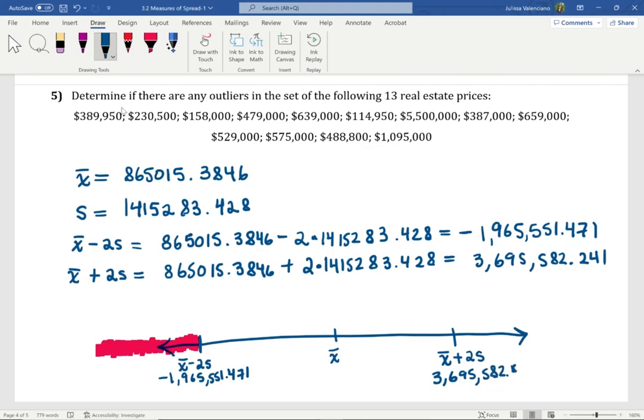Here we're calculating X bar plus 2 times S. We found that value to be 3,695,582.241. If we have any data values greater than X bar plus 2S, they are considered to be outliers. Now, below this video, I'm going to include a question where I'm asking you if any of the data values are considered to be outliers.